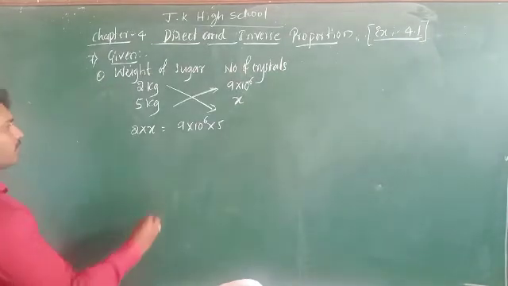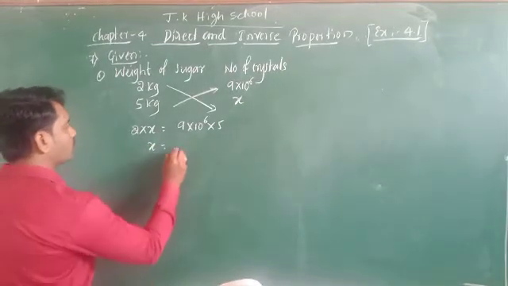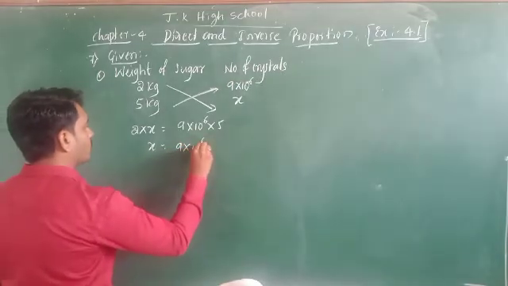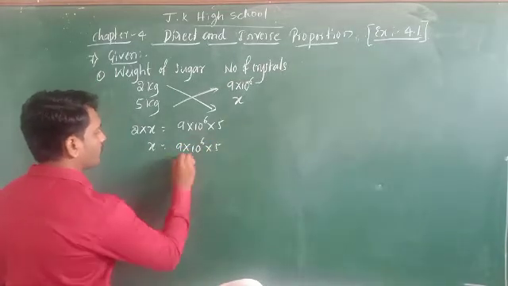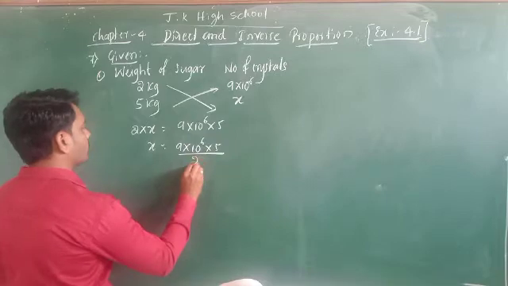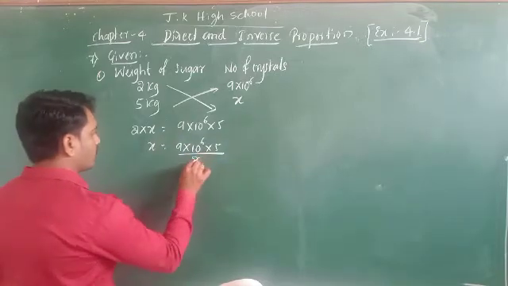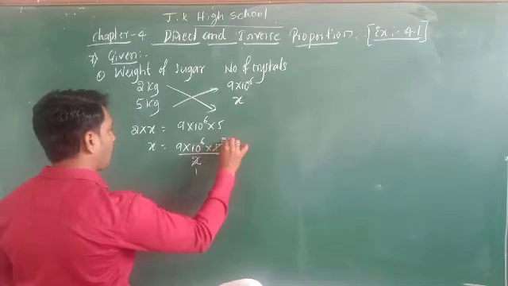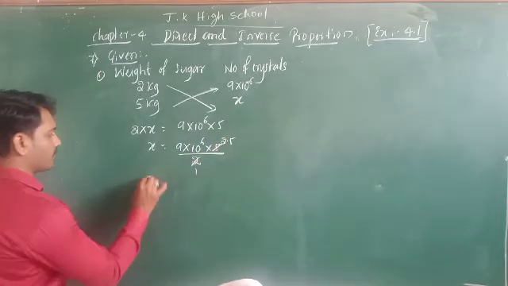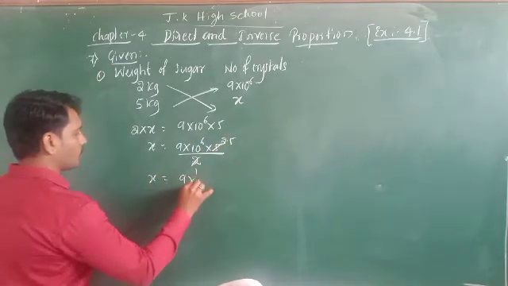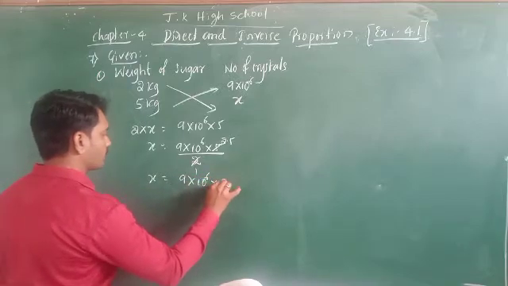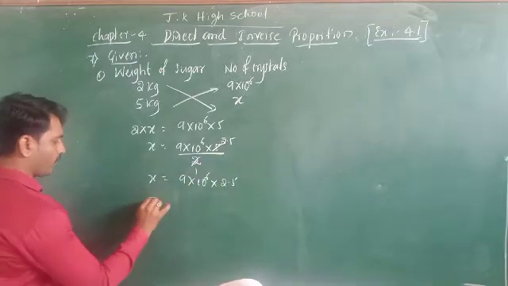So x is equal to 9 into 10 to the power 6 into 5 whole divided by 2. Next, 5 divided by 2 is 2.5. So x is equal to 9 into 10 to the power 6 into 2.5.